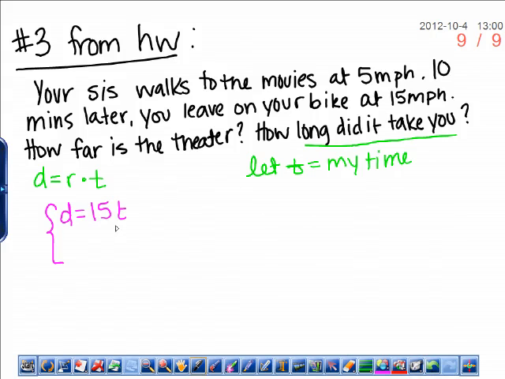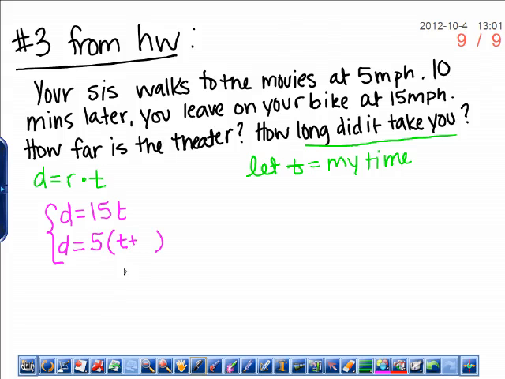That's my equation. Okay? Now I've got to write my sister's equation. So again, it's d equals, what's her speed? 5. As soon as you write down that 5 for the second equation, you need parentheses because we've got to manipulate t to represent her time. Okay? All right. Was she walking for longer than I was, or shorter? Longer, because she was walking for 10 more minutes, right? So as soon as you decide longer versus shorter, when it's longer, you're going to put t plus.